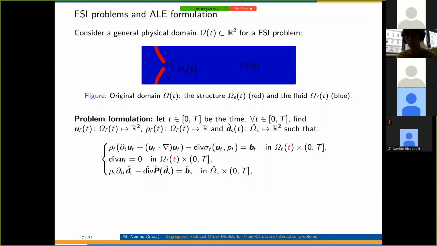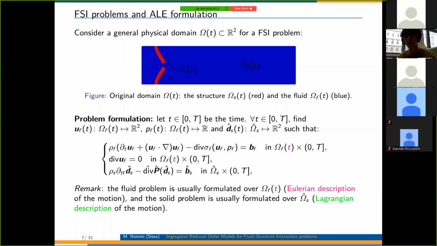And I would like you to notice that the fluid problem is formulated on a domain which depends on the time, whereas the solid problem is already formulated on a domain which is time independent, and that is the solid reference configuration.